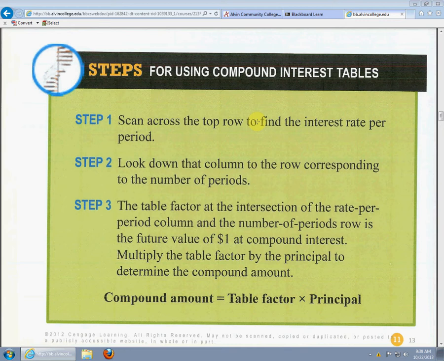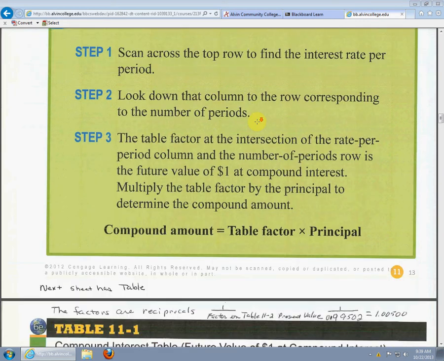This is going to be the same problem that we did earlier when we had to figure out the compounding, where we had $10,000 at 12% interest compounded semi-annually for 3 years. So this is the same problem, but we're going to use the tables to figure out our compound amount.